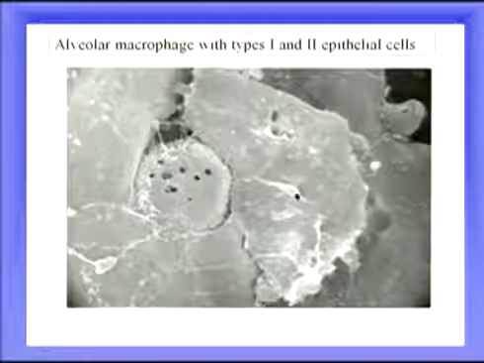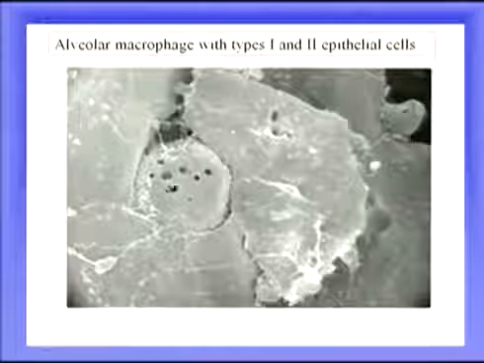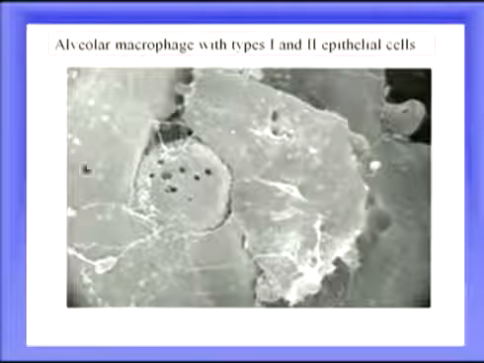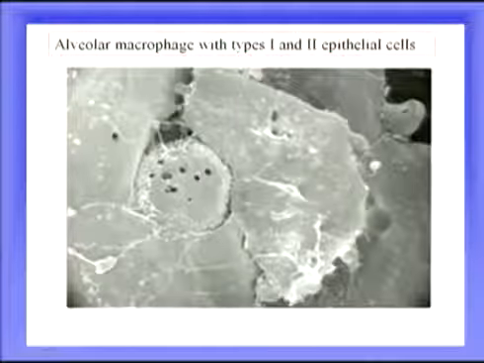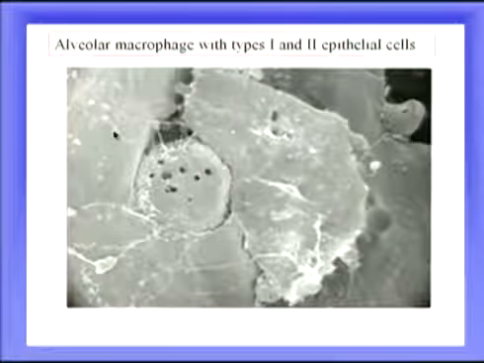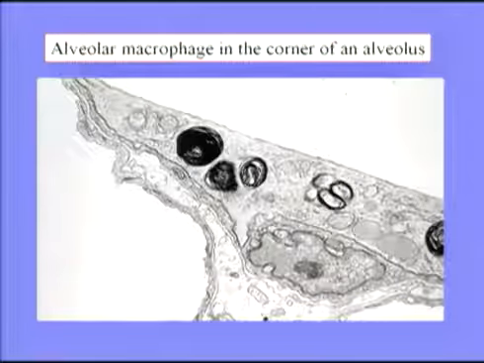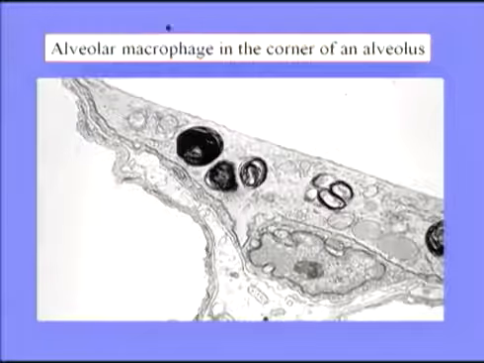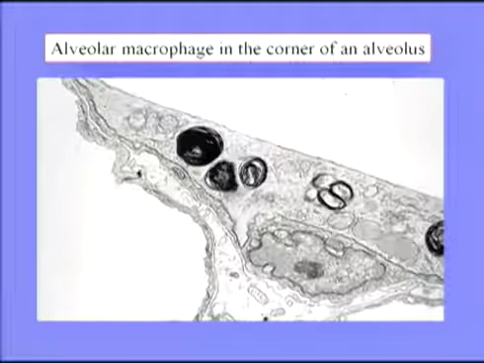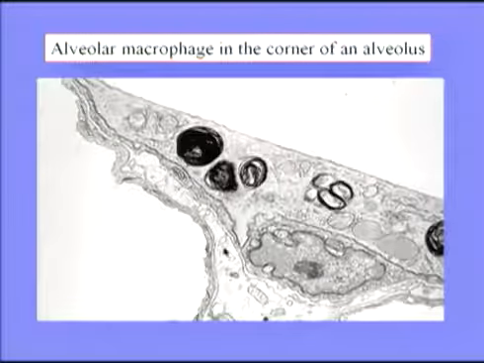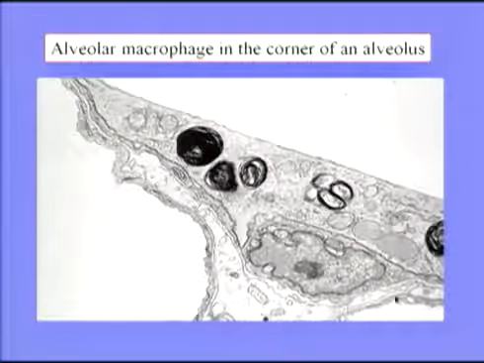And in this beautiful micrograph, here's the alveolar macrophage, here's a type 2 alveolar epithelial cell, and here are some type 1 cells here. So it's a beautiful micrograph indeed. Here's another view of an alveolar macrophage. And at first you might have a bit of a problem working out what's going on, but here's part of the wall of the alveolus, going down here and going out here.